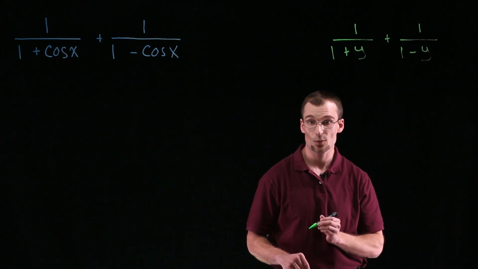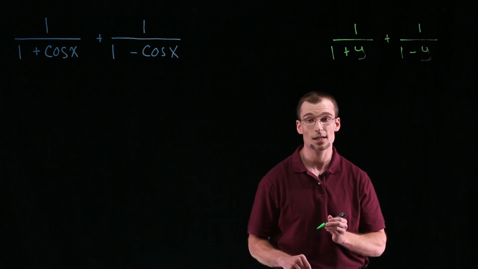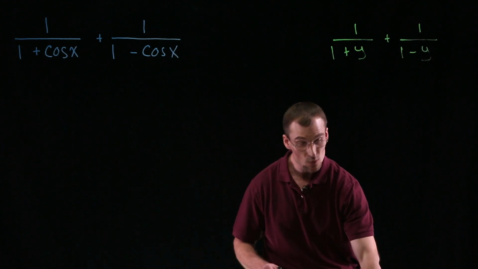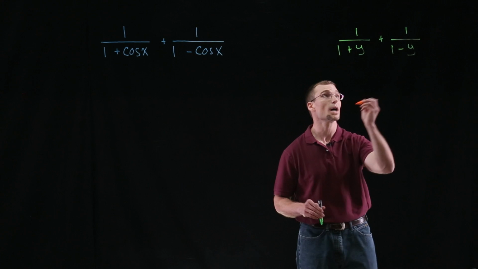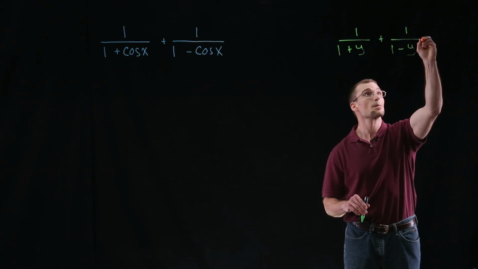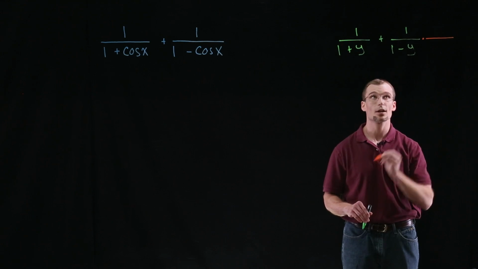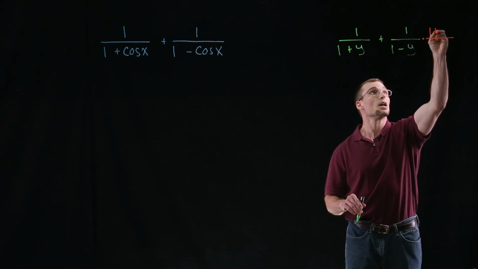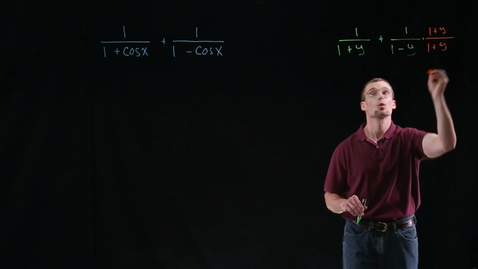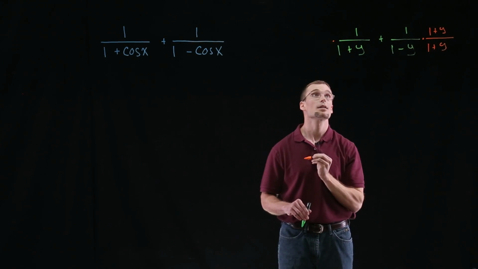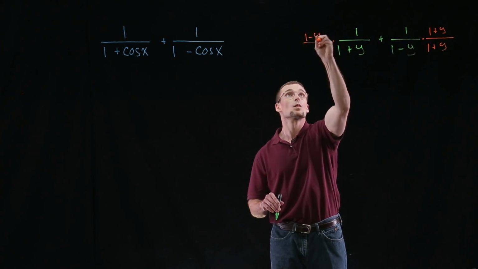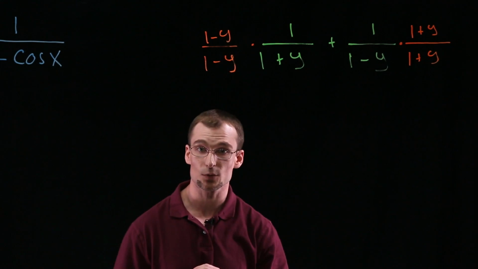So how we're going to add these expressions is, remember, finding a least common denominator, which is the least common multiple of the two separate denominators, which in our case, 1 plus y and 1 minus y, is just going to be the product of the two. And how we get there is by multiplying our right-hand side by the denominator on the left, 1 plus y over 1 plus y, and multiplying the left-hand side by our denominator on the right, 1 minus y over 1 minus y.